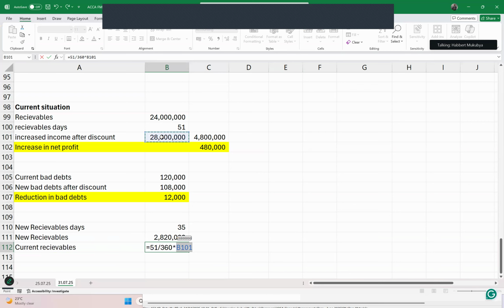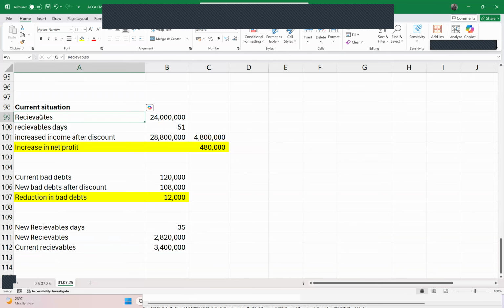Not the 28.8, the 24, because currently we don't have the increase. So actually, let me change this one to credit sales, increase the income after discount. Because these are credit sales, the receivables themselves are basically 3.4, because on average they take 51 days. So these are the current receivables.